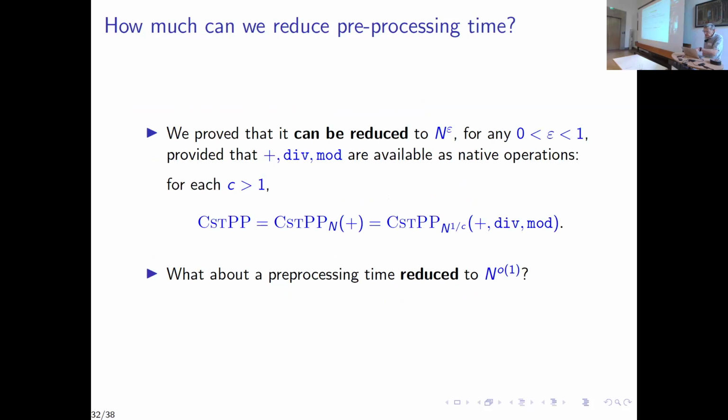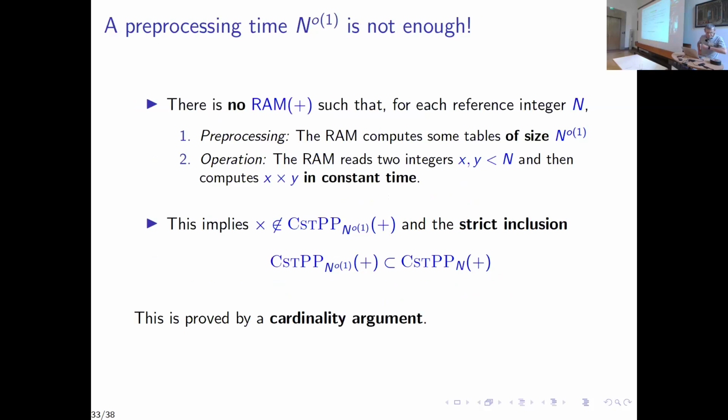But what about preprocessing reduced to n to the small o(1)? There is no one doing that. There is no one doing that.